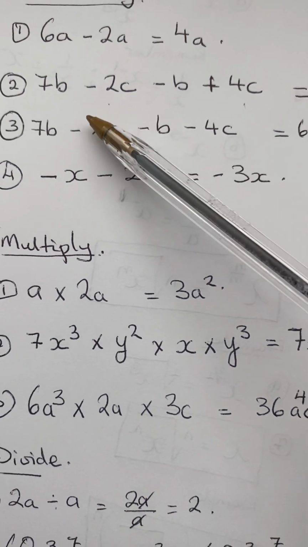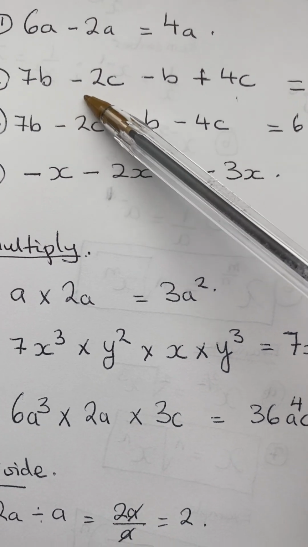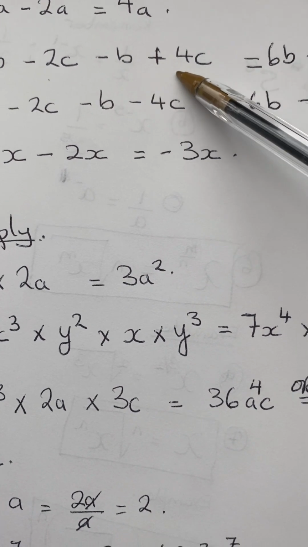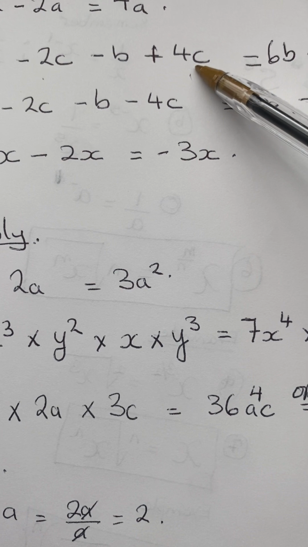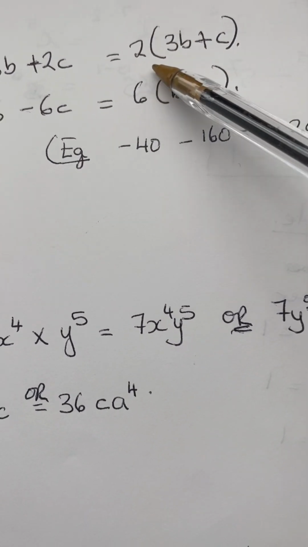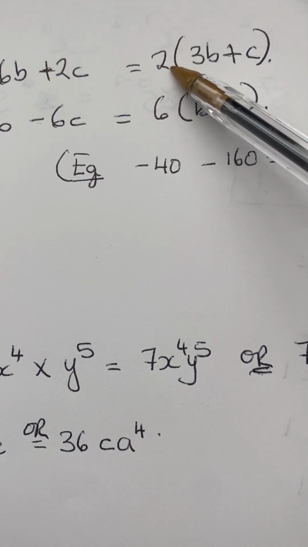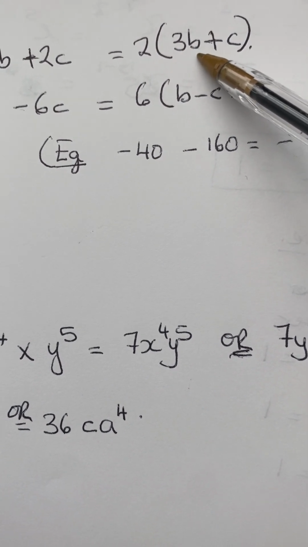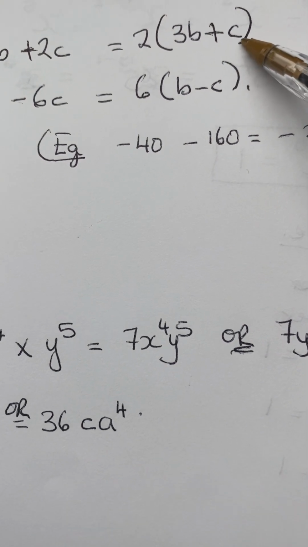Okay, so here you have 7b minus 2c minus b, add 4c, and your answer is 2 into bracket 3b plus 4c.